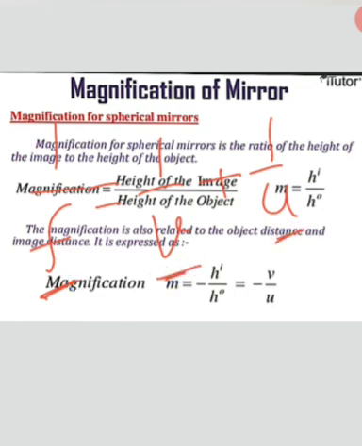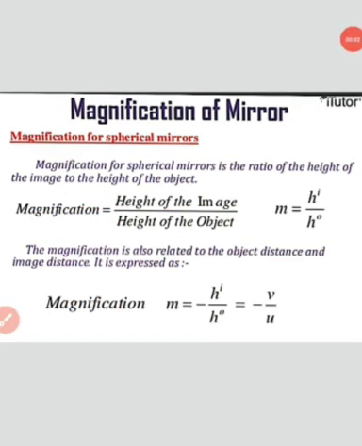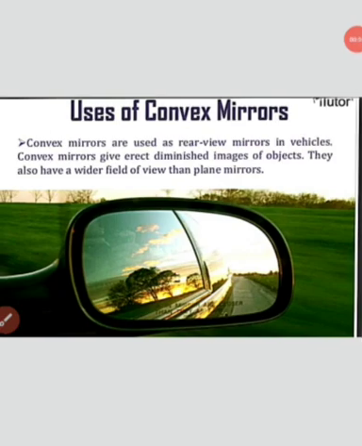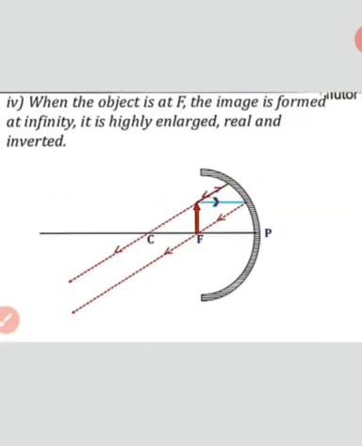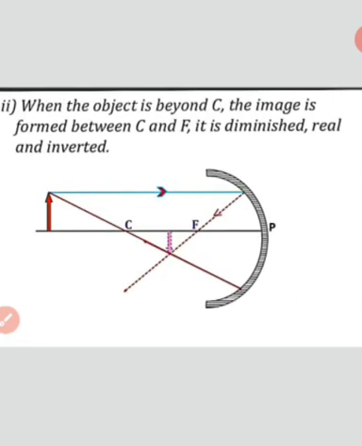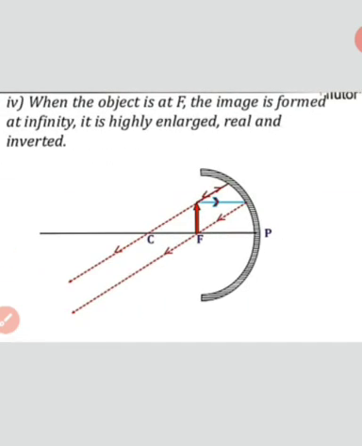Using the sign convention, after putting the values of any two known terms, we can find the value of the unknown term among these three values. So in the next video I will start with numerical problems so that the topic will become clearer to you all. Thank you.